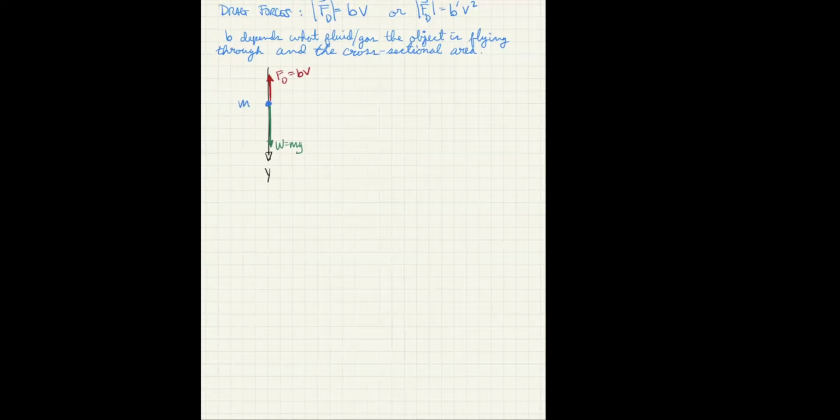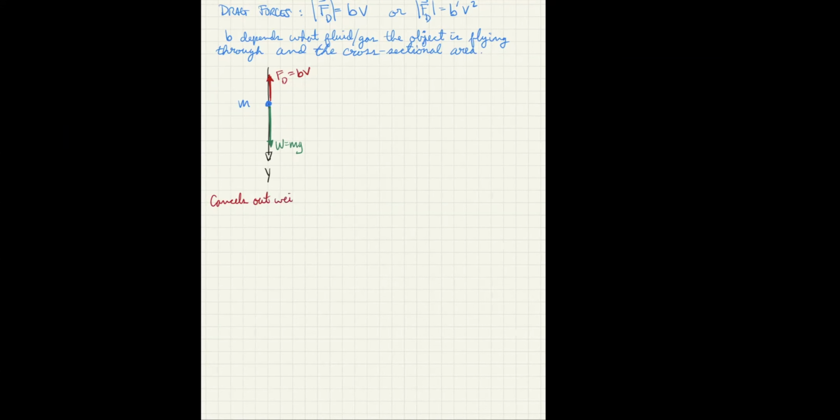But what you should be able to notice, and I've mentioned this before, is that as this object that's falling gets faster and faster, then the drag force B times V gets bigger and bigger. Eventually, the drag force is going to get so big that it cancels out the weight.